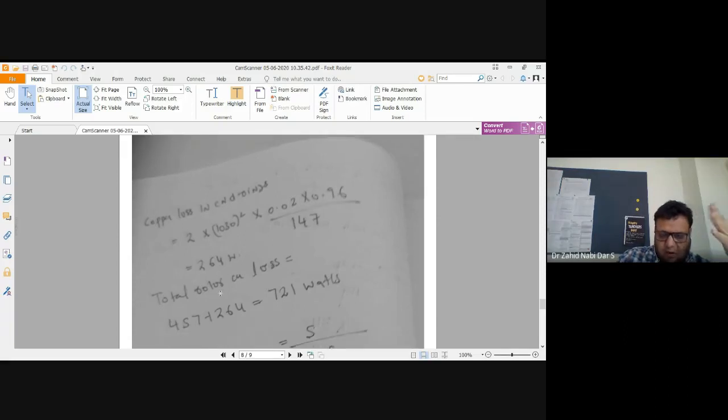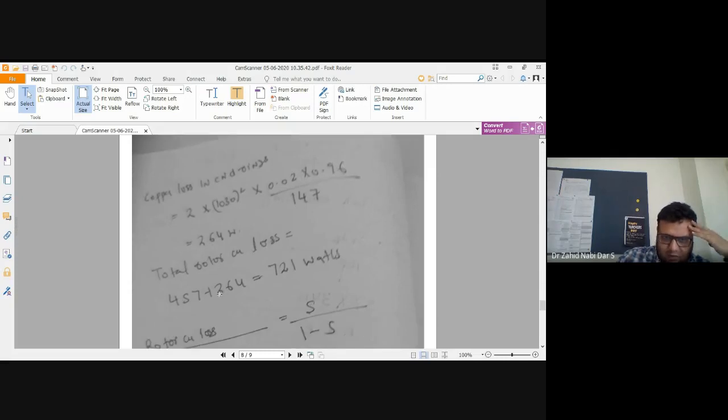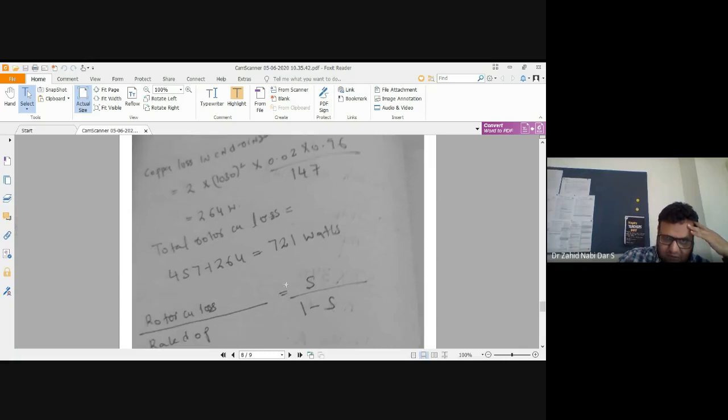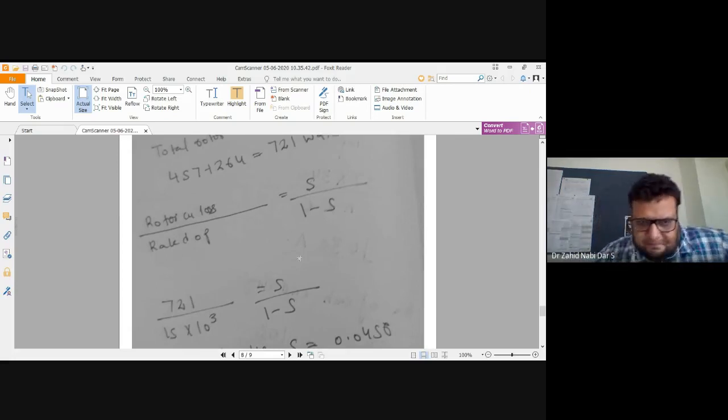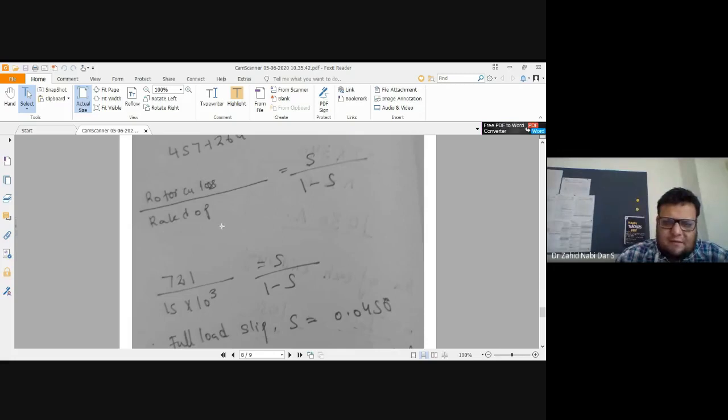So the total loss is the loss in the bars plus the loss in the end rings. Loss in the bars 457 plus loss in the end rings 264, so this is 721 watts. One important thing: rotor copper loss by rotor output is given by s/(1-s).